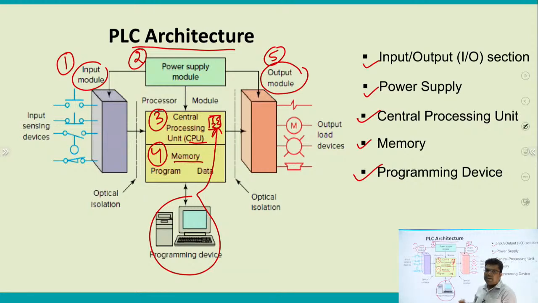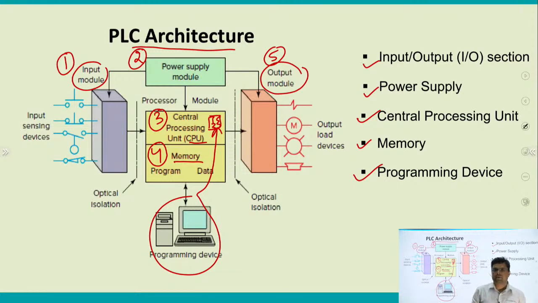It takes decisions according to the programming, what will be the program, what will be the input, and accordingly it processes the output. The CPU is the same as a simple computer or PC system.